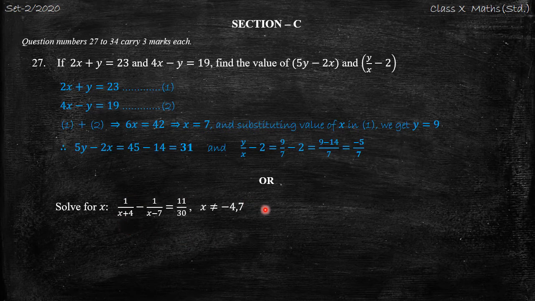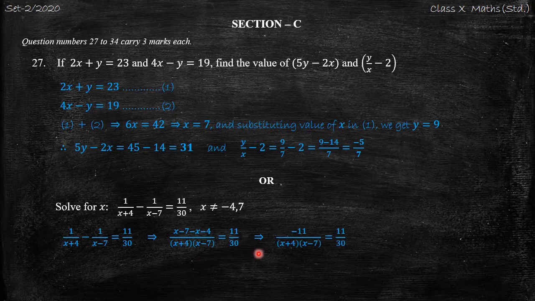Okay, next question, also to solve for x. The equation is given, so we'll try to solve now. Okay, first find the LCM to make this one term. Simplify it.